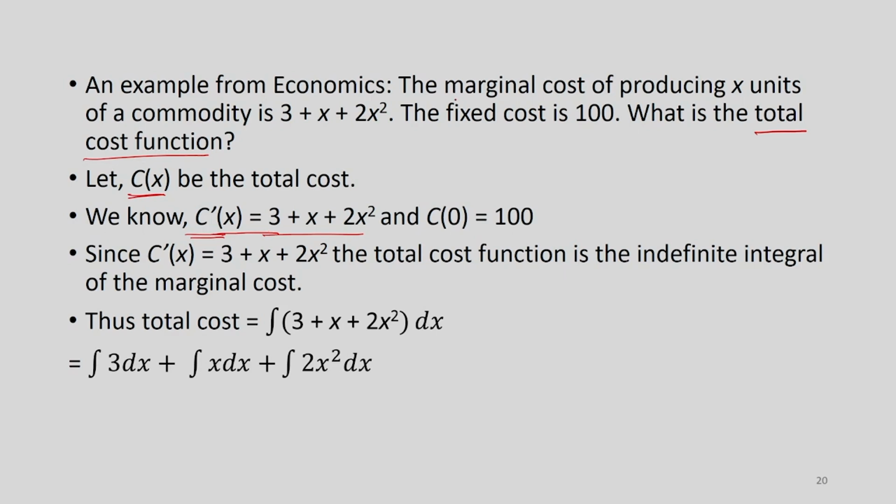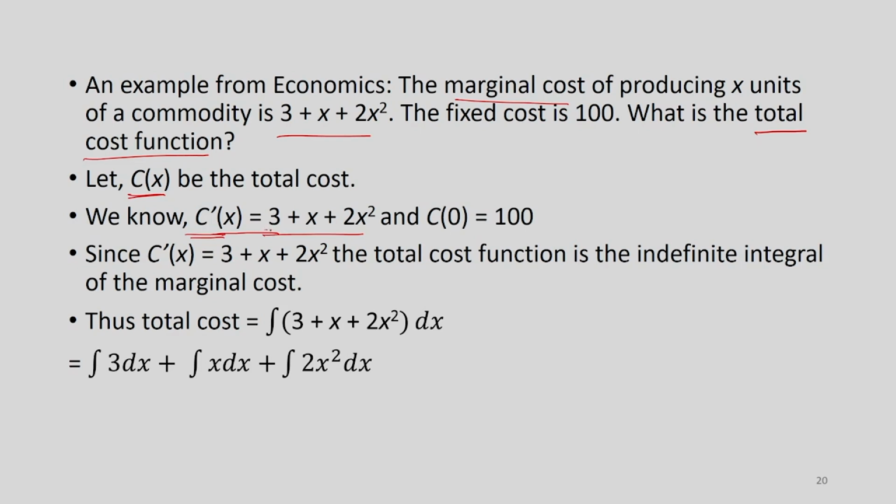Because of the marginal cost. If you have noticed my previous lectures when we introduced the idea of derivatives, then we made this point that the marginal cost is nothing but the derivative of the total cost function, and marginal cost is given here in the problem. So, C prime(x) is equal to 3 plus x plus 2x square.